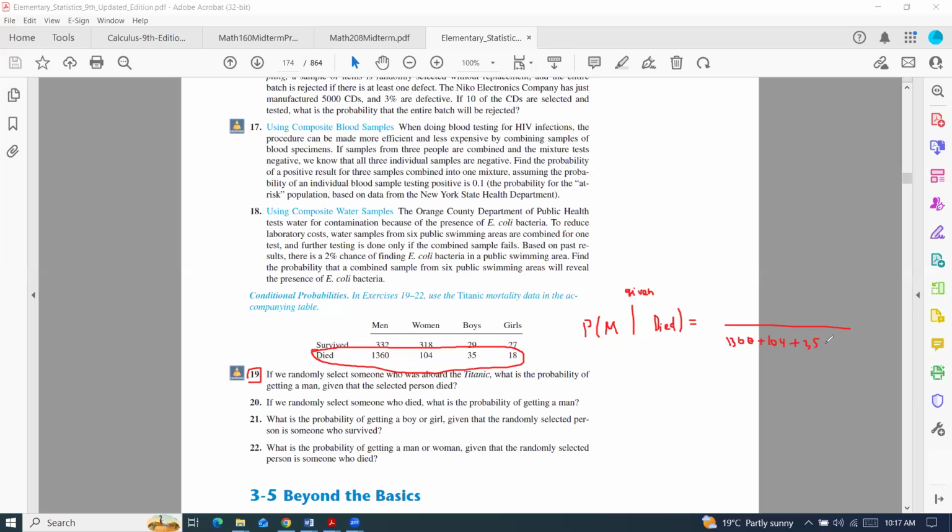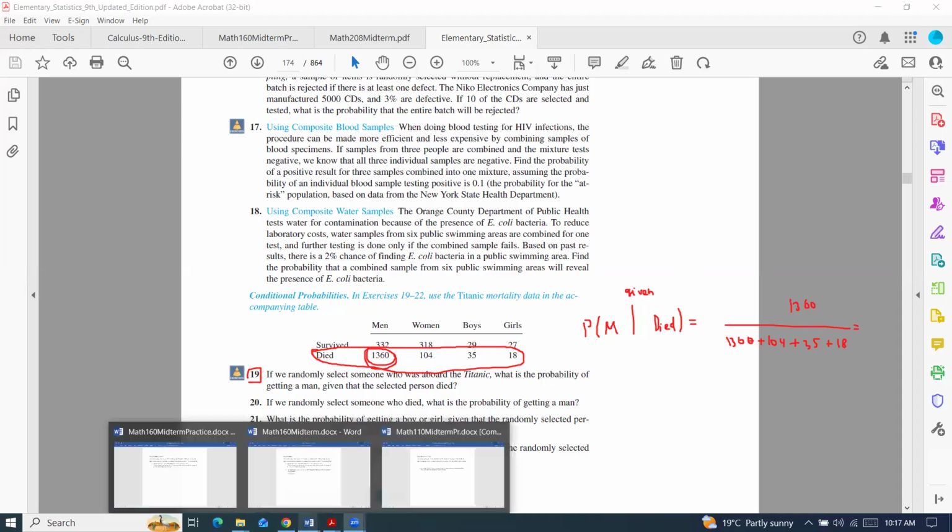And then for the top, I need to have only what I need, and they cared about the probability that it was a man, so 1360 men will be in here. And that's what I have to calculate.